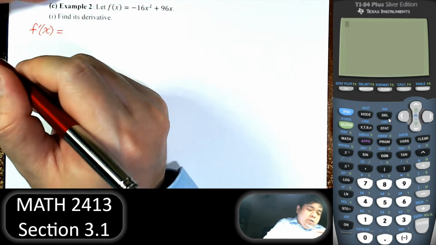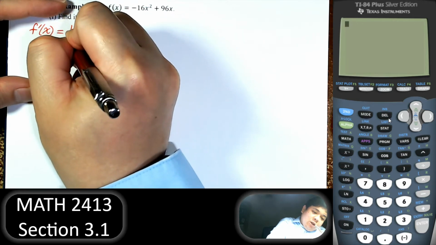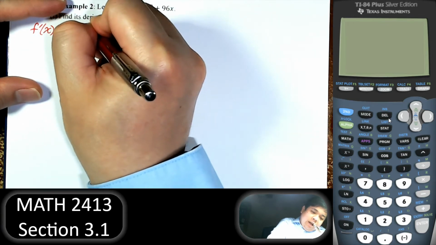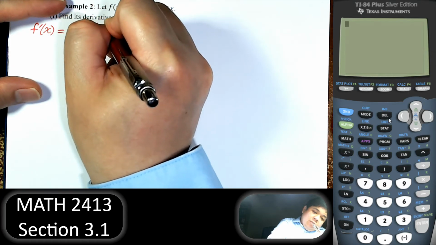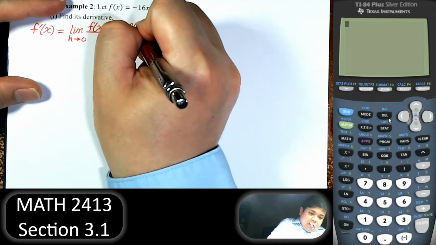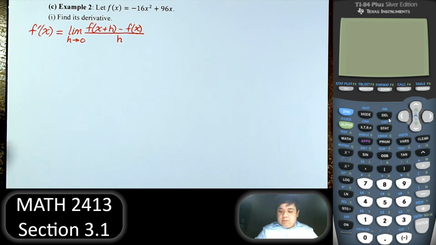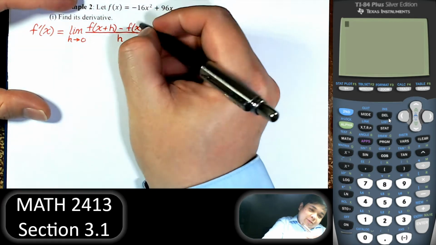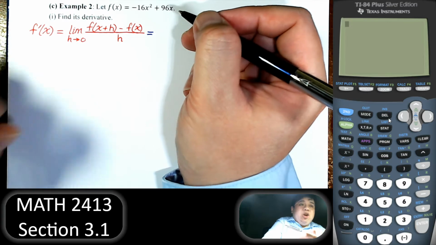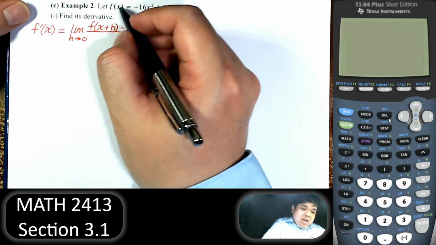So f prime of x, by definition, is the limit as h goes to 0 of f of x plus h minus f of x, divided by h. So we do that in general for x because the derivative is a function of the same variable.